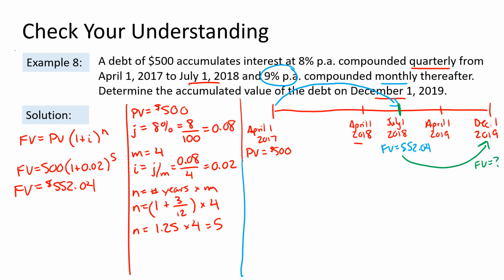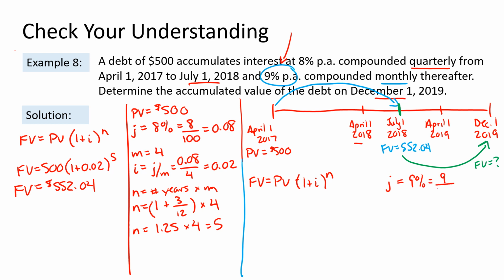Again, we start with our formula. Our future value is equal to our present value times 1 plus the periodic rate of interest raised to the exponent n. Now remember, our periodic rate of interest and our total number of compounding periods are going to be different here. We start with our periodic rate of interest. We need our nominal rate of interest and our number of compounding periods per year. Our nominal rate of interest has now changed. It's 9%.